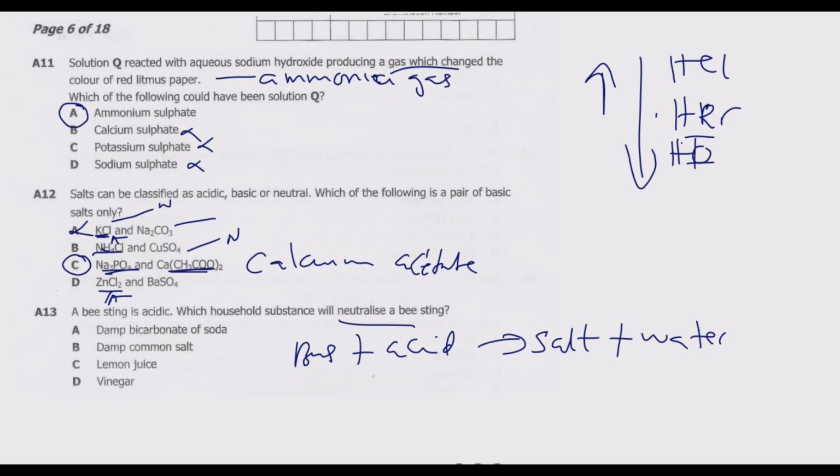So this is the household. So if you see, vinegar is acidic, lemon is acidic, so we have damp common salt or damp bicarbonate of soda. So this is the basic one, the base that we need to react with acid to get our outcome. So A is the best answer among the options.